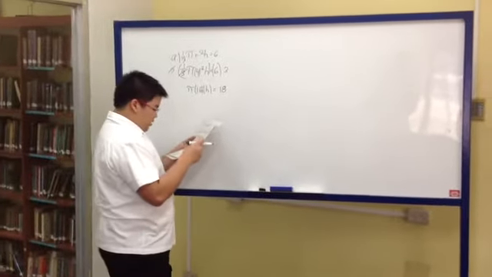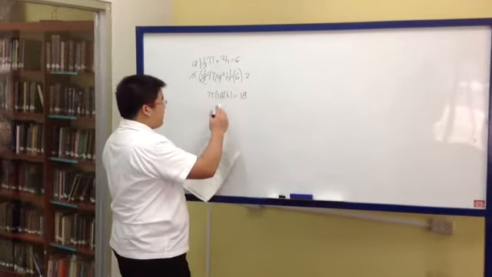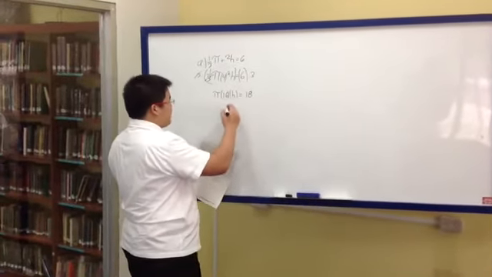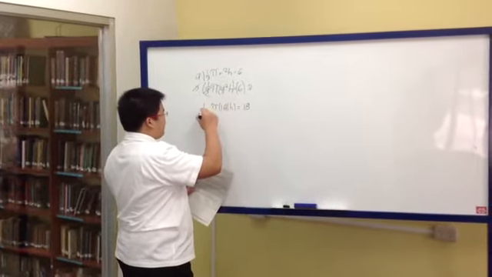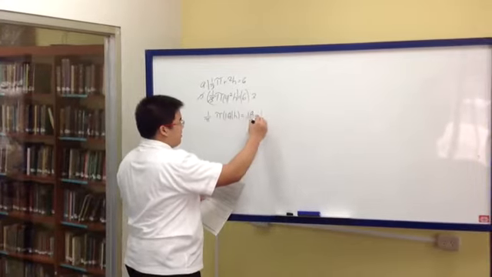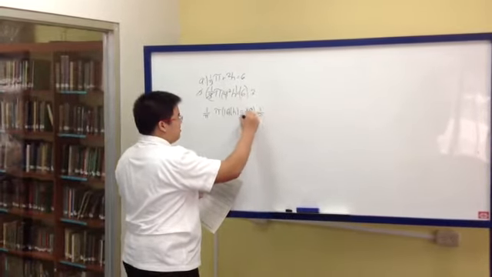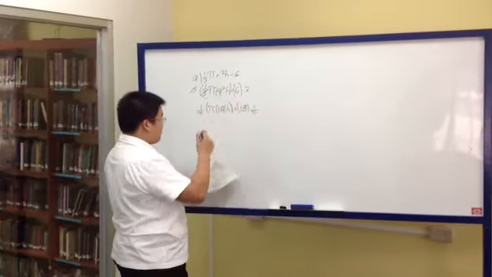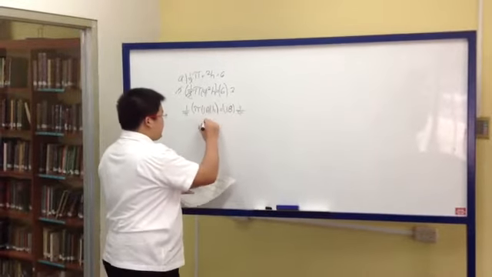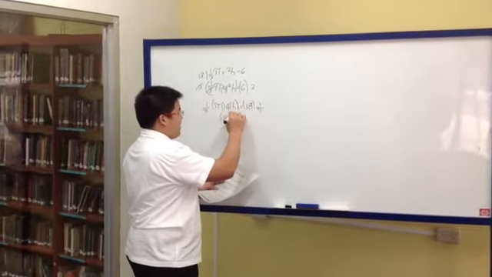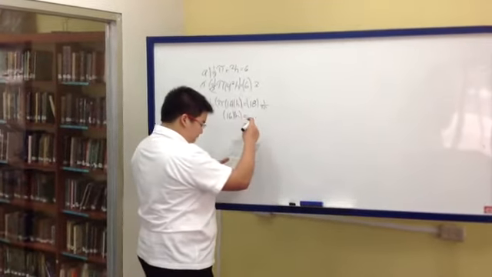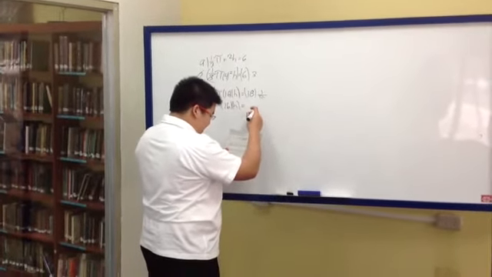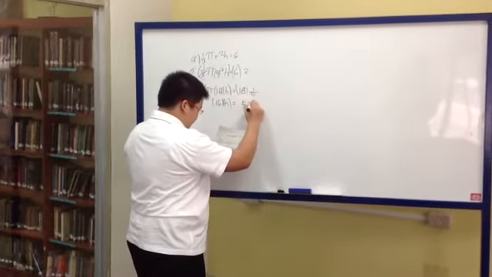After that, we start to divide everything. If you divide by pi, it's going to be 16 times height equals 5.73.